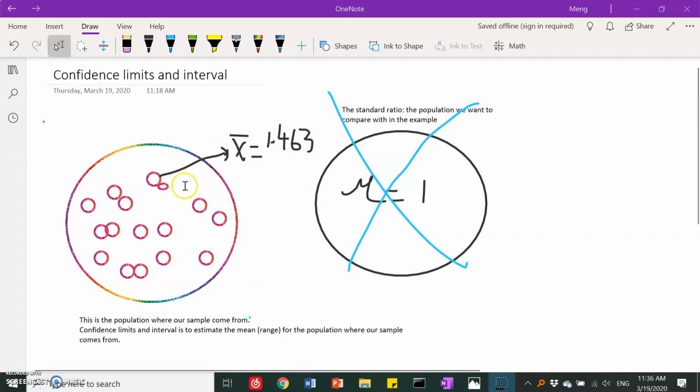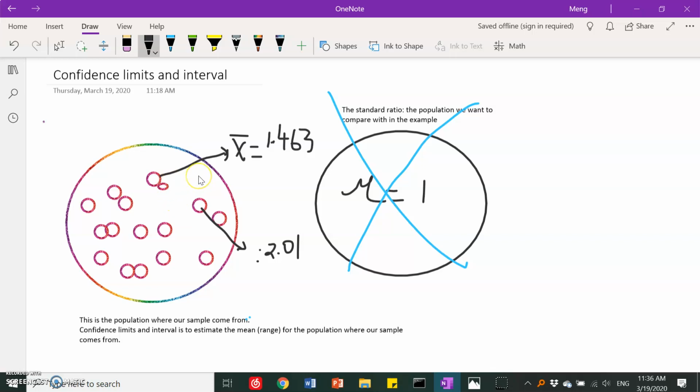So for this population, we have one sample, and then we have the mean of this sample. And we may have also other samples. Probably the other samples have different means from this sample, such as, let's say, this sample's mean is 2.01. Okay, so we may have different samples from this population. Some of them are close to the population's true mean. Some are a little bit off.